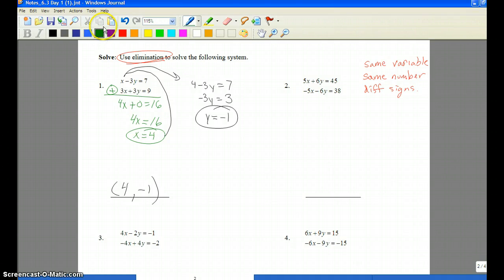So do you guys know what's going to happen? 5x minus 5x is 0. 6y minus 6y is 0. 45 plus 38 is 83. You get 0 equals 83 for this problem. What's your final answer then? Absolutely. Great job. No solution is right, because that doesn't make a true statement.